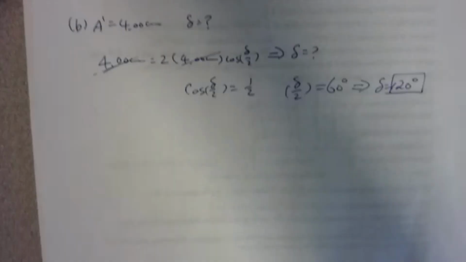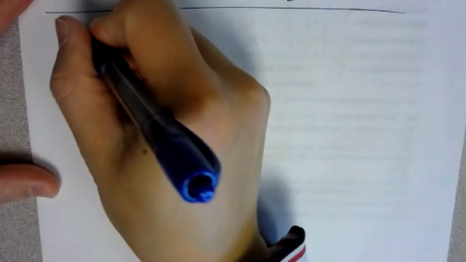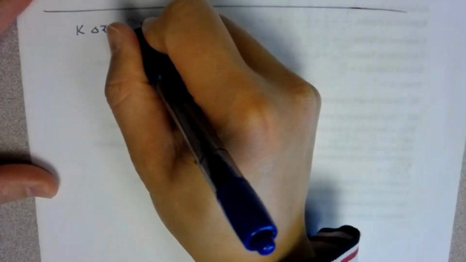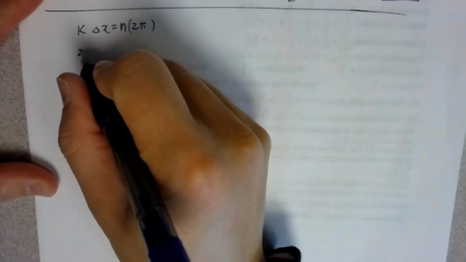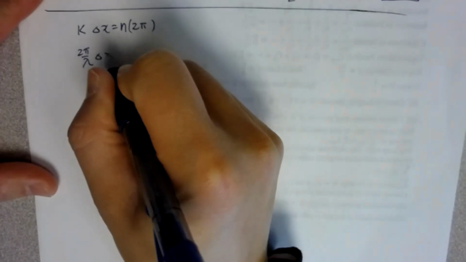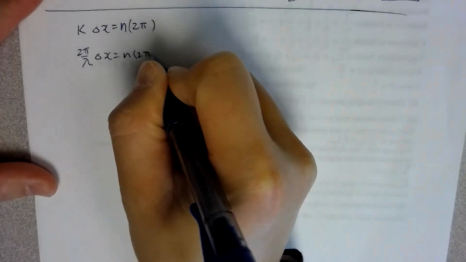Okay. So in this case, k times delta x is equal to 2 pi or any integer multiple of 2 pi. Here k is equal to 2 pi over lambda, and delta x equals n times 2 pi.